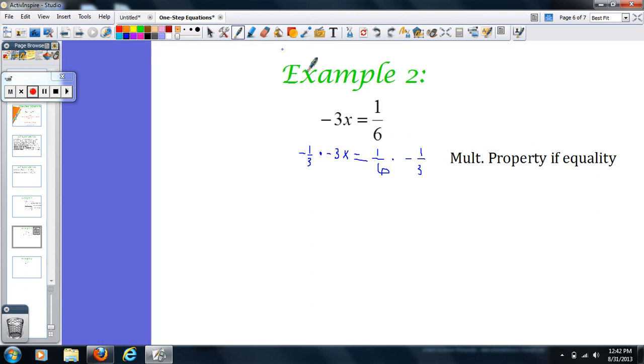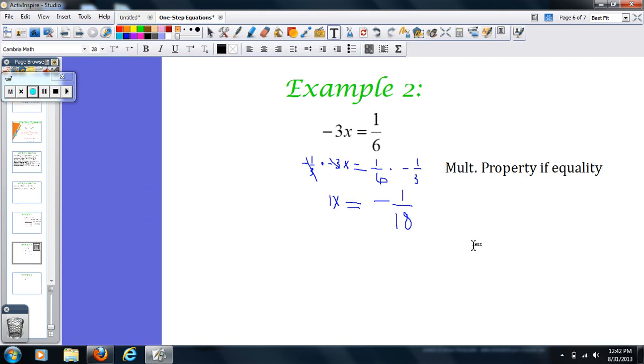Okay, and then from here we know that these two will give me 1x equals, and when we multiply fractions we multiply straight across, so this is negative 1/18, and that is actually going to be the multiplication or multiplicative inverse, which will go with this line.